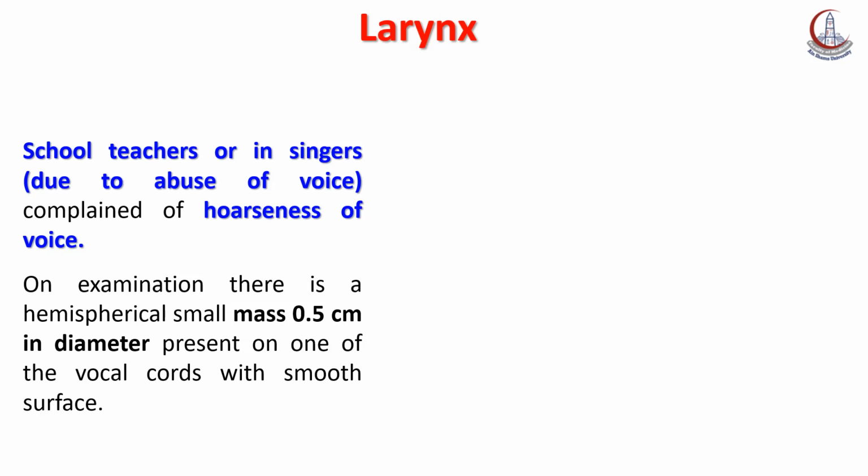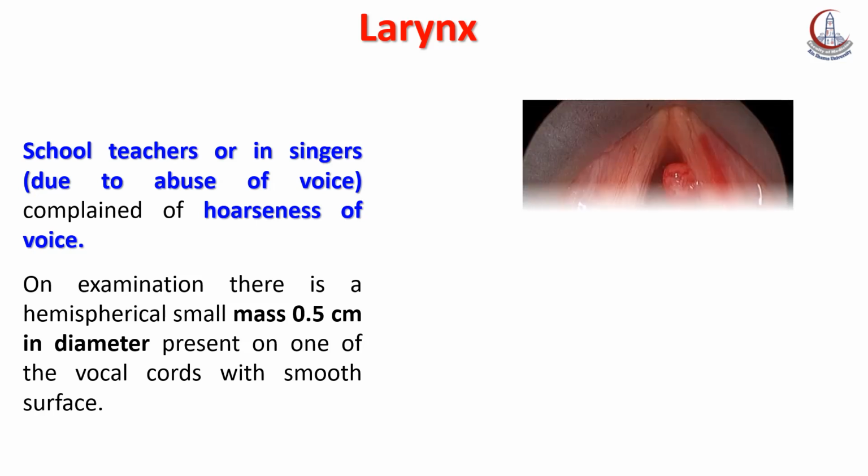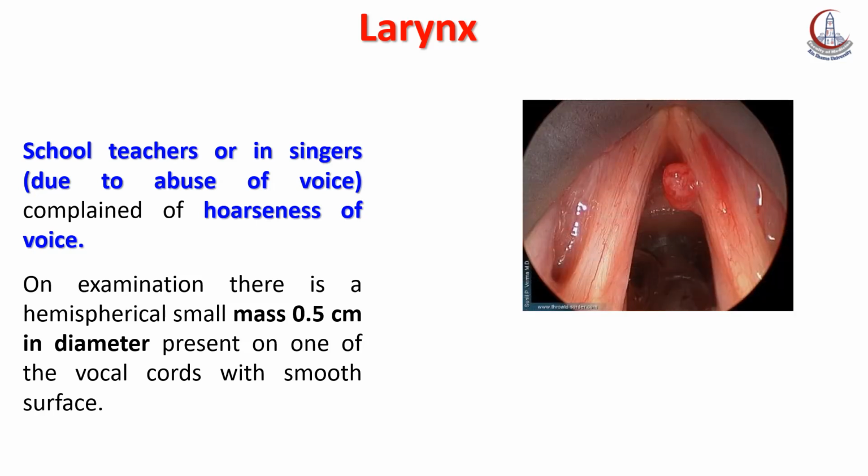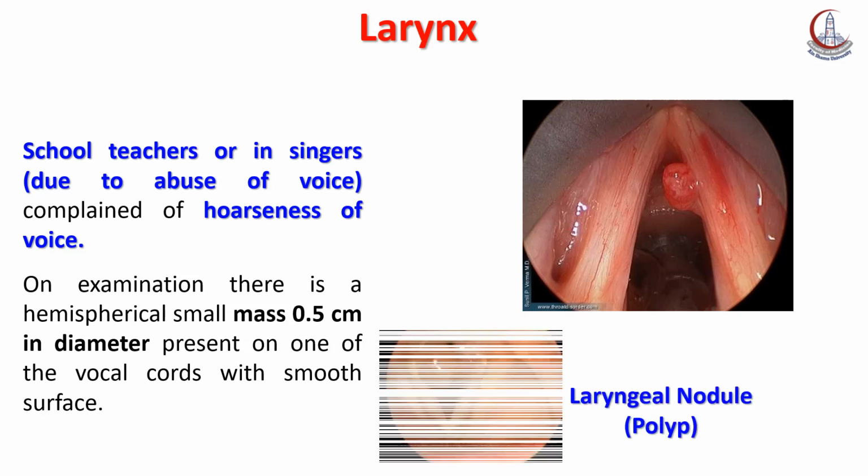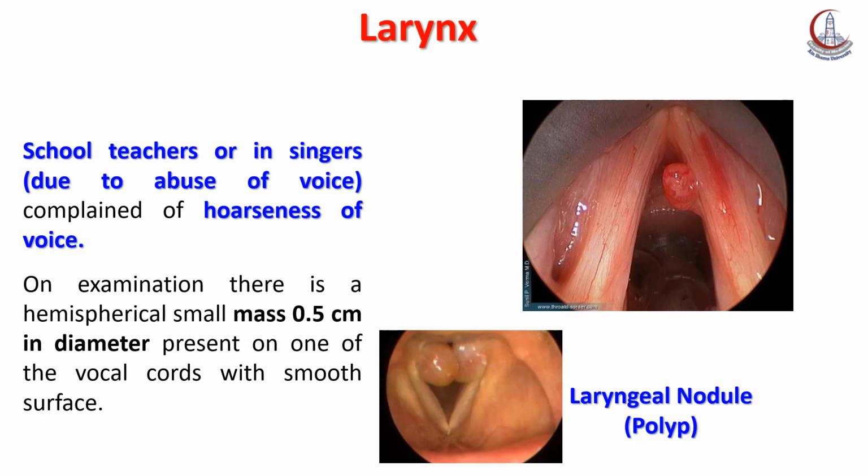On examination of the larynx, there is a hemispherical small mass about half a centimeter in diameter on one of the vocal cords with a smooth surface. Here is a laryngeal nodule, or we call it singer's nodule because it occurs in singers due to, زي ما قلنا, abuse of voice. Another picture of laryngeal nodule.